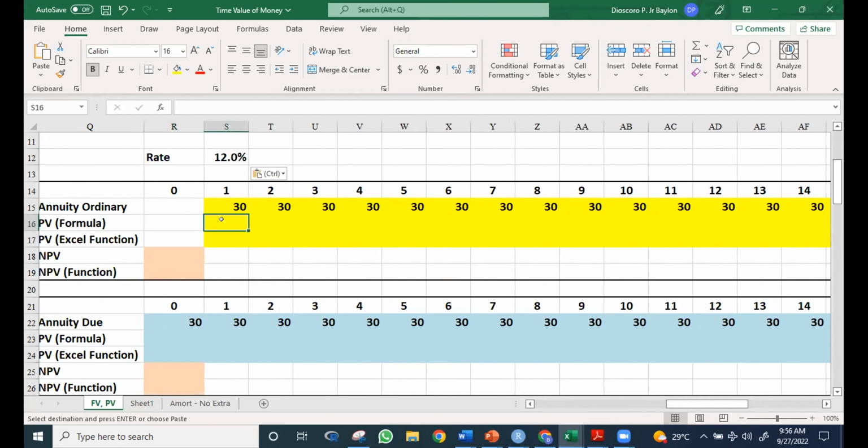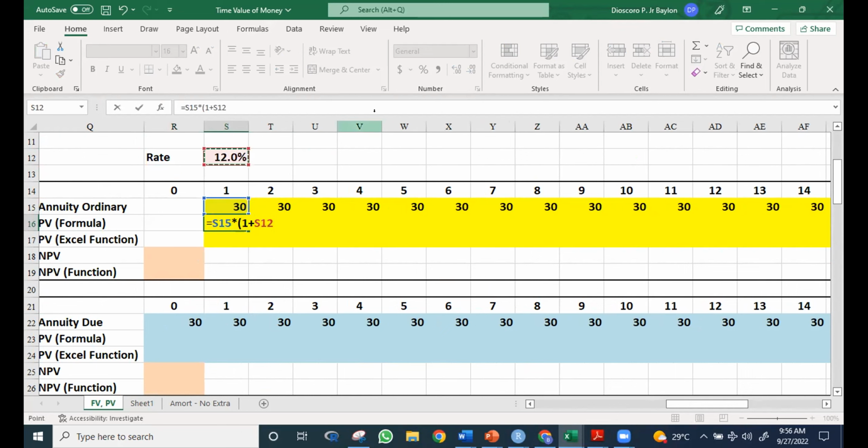So using the formula, this is the future value times 1 plus the rate. So this is the rate, and I'm going to fix this with F4. You recall this, guys? I'm going to fix this so that anywhere I copy this, it will remain at S12. And then raised to the shift 6 raised to the first power. There you go. So this is the equivalent of 30 after 1 year.